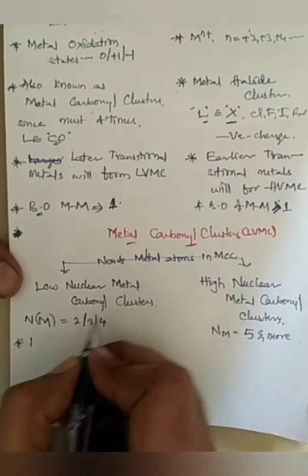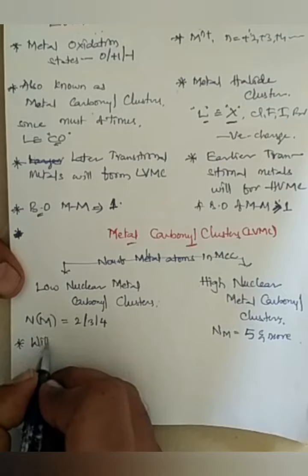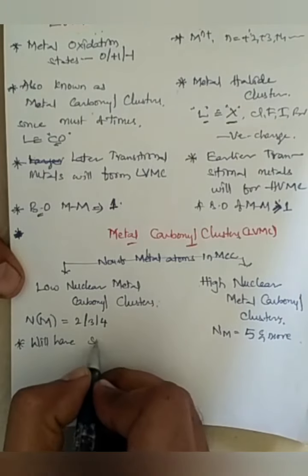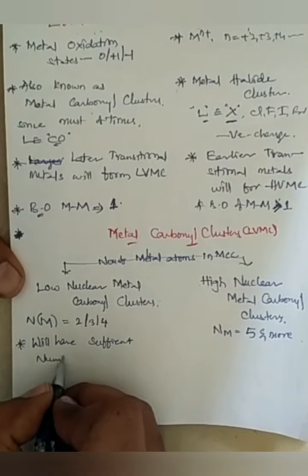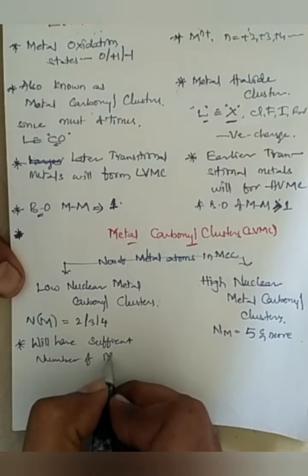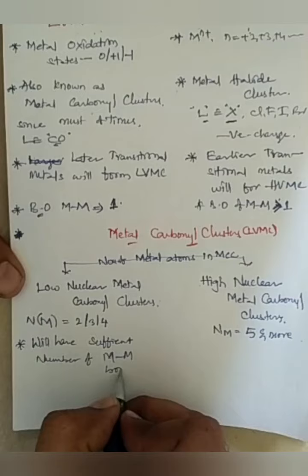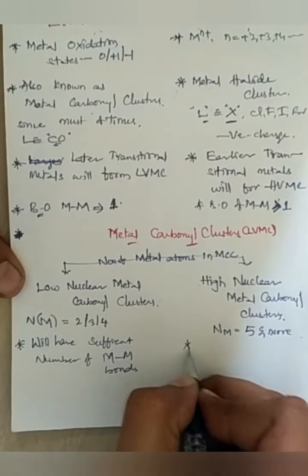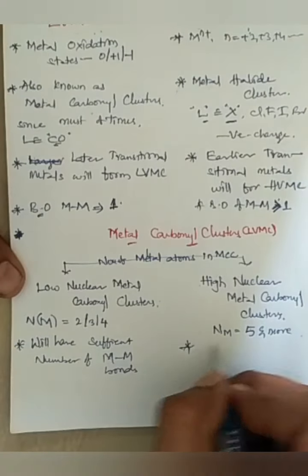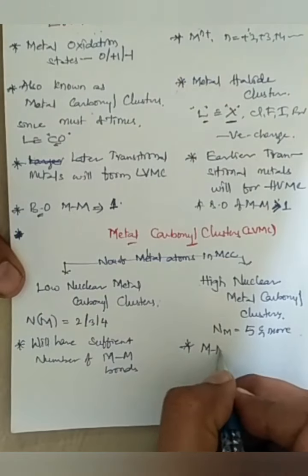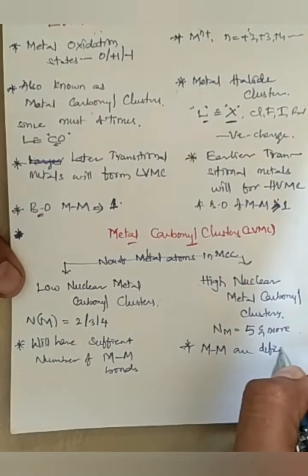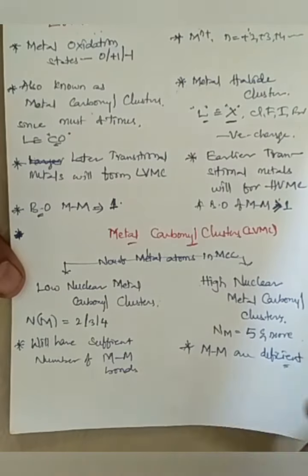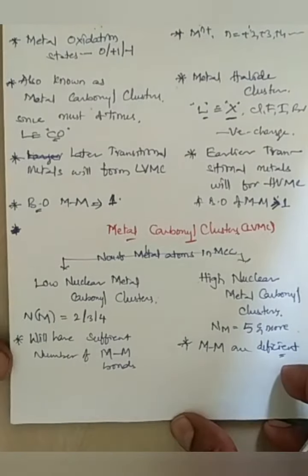Low nuclear metal carbonyl clusters will have a sufficient number of metal to metal bonds. When it comes to high nuclear metal carbonyl clusters, the metal to metal bonds are deficient, they will have a deficient number.